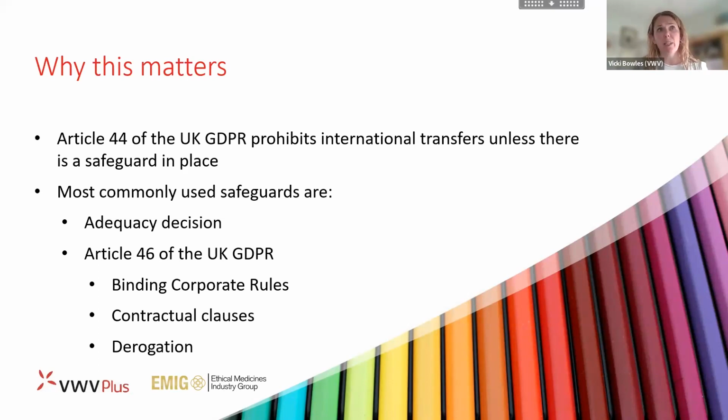And the most commonly used are where there is an adequacy decision, which I'll talk about all of these in a bit more detail in a second, or you use a safeguard that's set out in Article 46 of the UK GDPR, and the most common of those are binding corporate rules, the contractual clauses, which we keep mentioning, or a derogation from the requirement to have a safeguard in place.